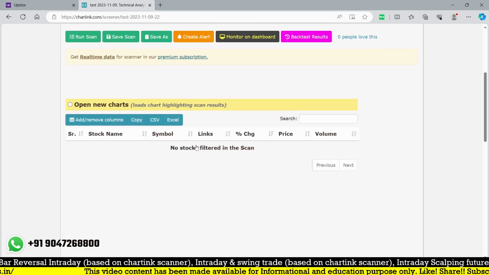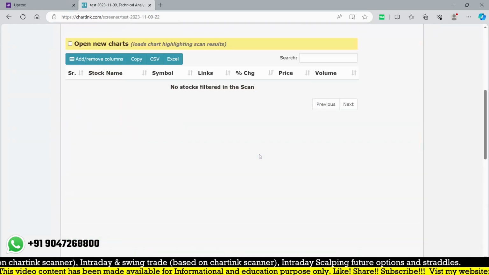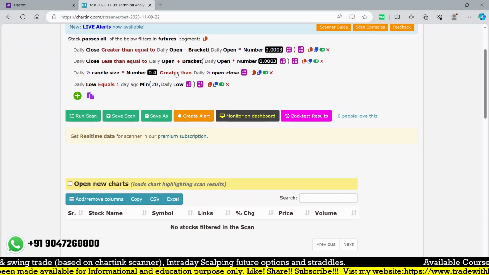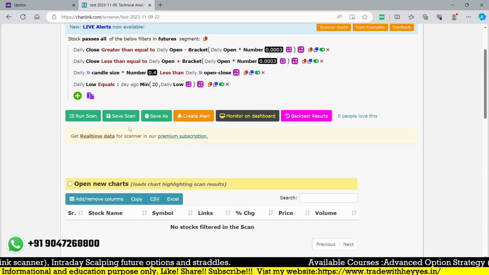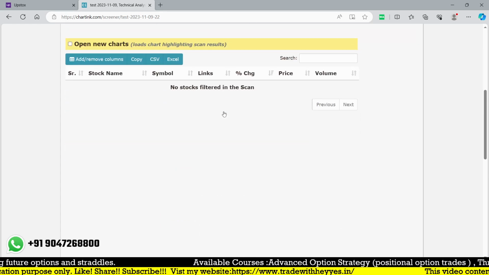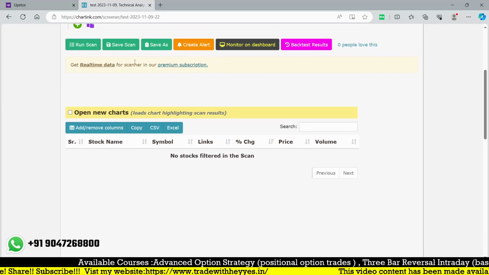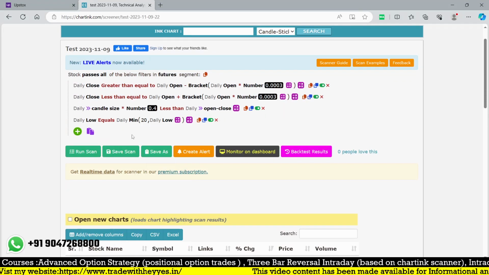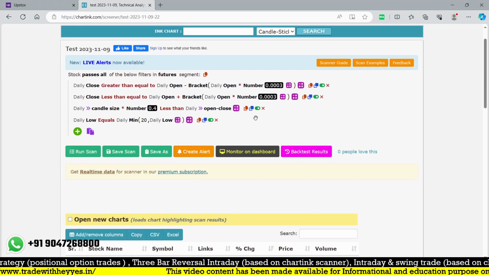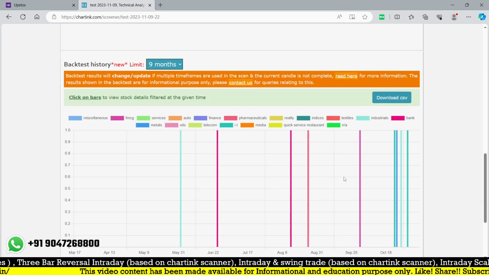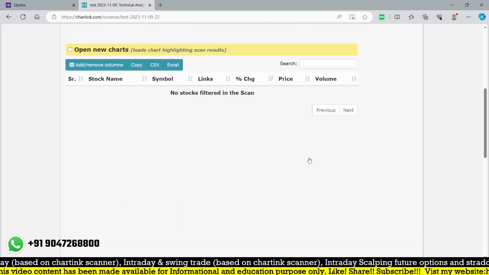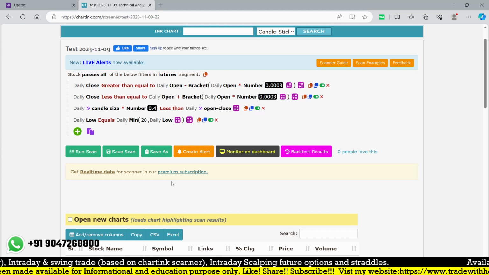If you look, I think no stocks would be filtered. So here it should be less than or equal. Yeah, we got it now. So this is the exact condition which you are looking for.